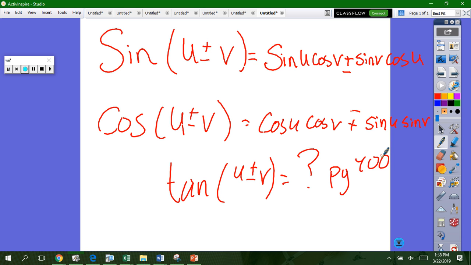You guys can do math. Okay. You guys want to know what if I didn't know sine and cosine? That's why I memorize the other thing.